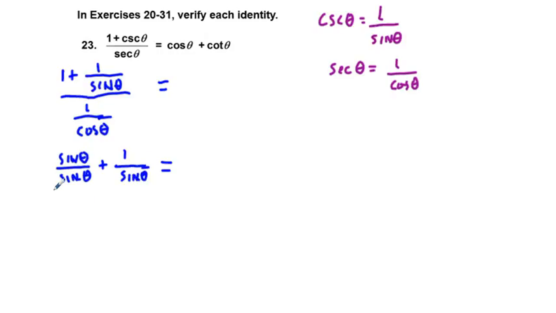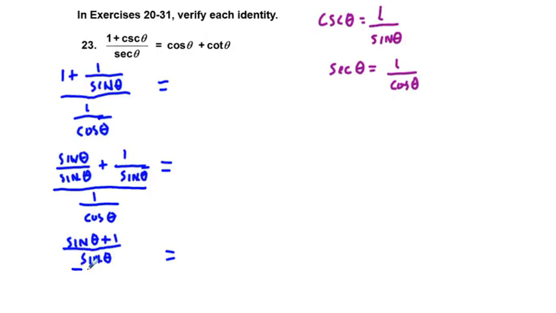Okay, and then in the denominator we're going to bring down this 1 over cosine theta. And now, in the numerator, we have sine theta plus 1 over our now common denominator of sine theta.